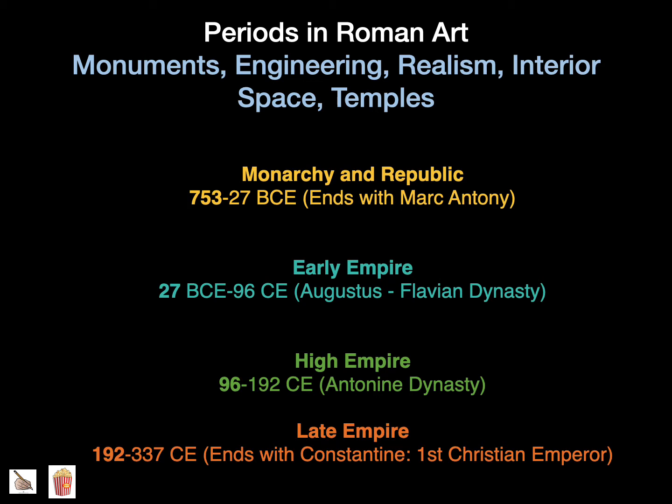Next, the early empire, 27 BCE to 96 CE, Augustus to the Flavian dynasty. The High Empire was 96 to 192 CE, Antonine dynasty. And then the Late Empire, 192 to 337 CE, ends with Constantine, the first Christian emperor.